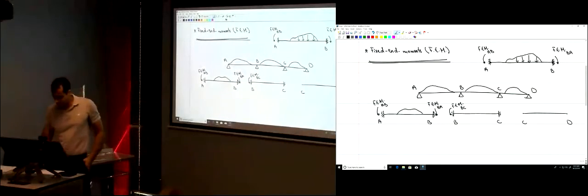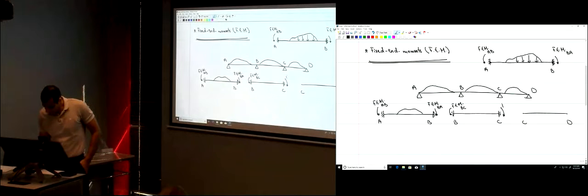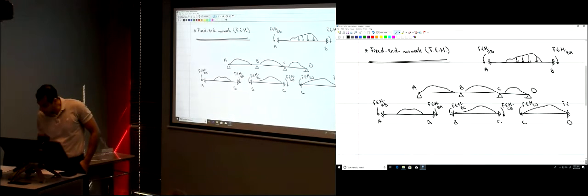And this is going to be the fixed end moment here. And CB, the fixed end moments on this part here, and fixed end moment CD and fixed end moment of DC.